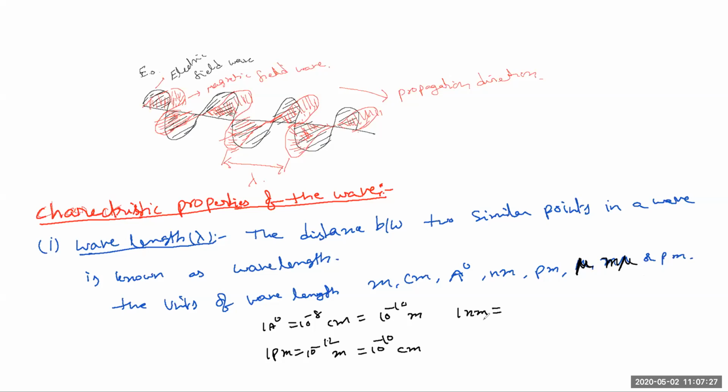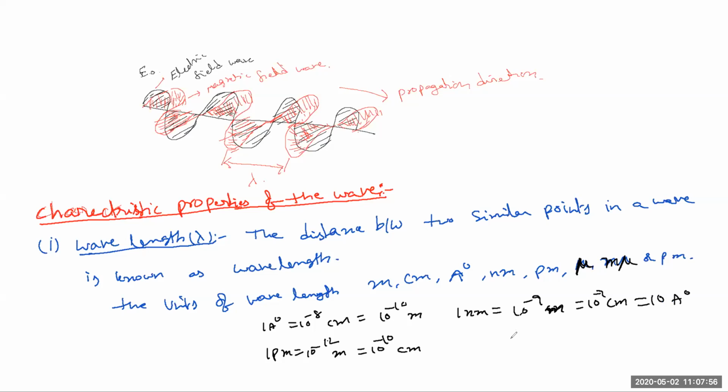1 nanometer is equal to 10⁻⁹ meters, or 10⁻⁷ centimeters, or 10 angstroms. Understood? Yes, sir.